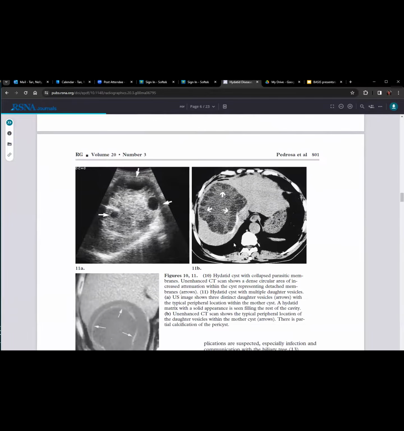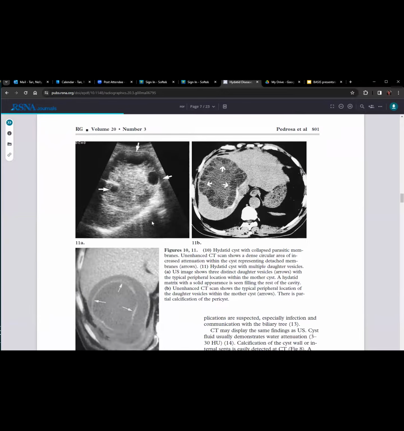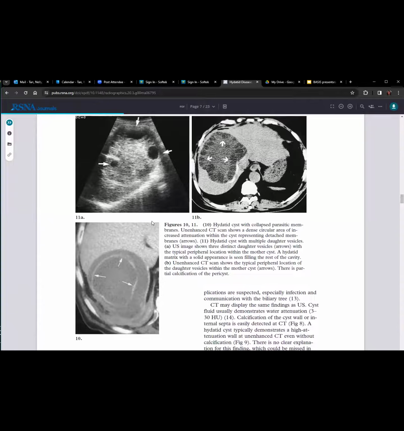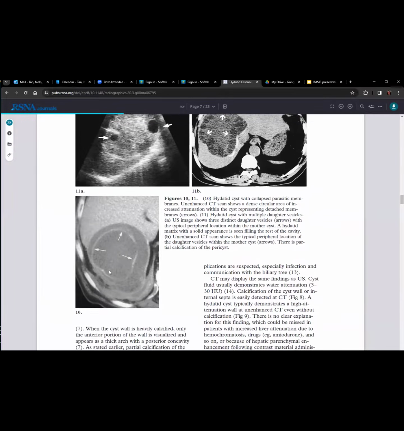The one you have right there is what they call the ovary in the liver appearance. It almost looks like a torsed ovary with peripheral follicles, and you see multiple follicles in it. That is exactly what it looks like. And the last 2 cases had the laminated appearance of collapsed parasitic membranes, so that became more obvious.